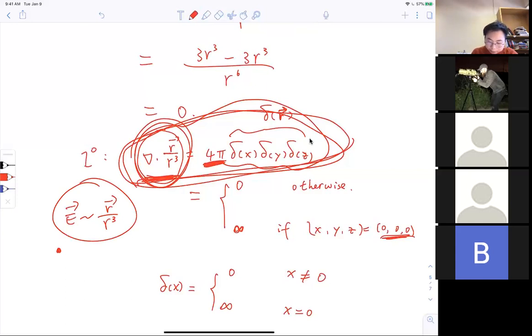Now we are saying we have an electric field like this. What's the charge density? We did a very naive calculation and got 0, but we know that it's non-zero because there's a point charge. To capture this point charge, you have to put that function in.